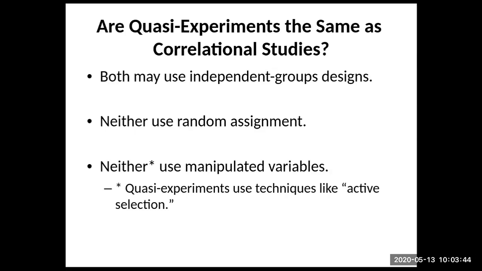Although they may not be truly manipulated variables, meaning that you can't randomly assign into one group or the other, we are doing our best job as researchers in trying to match or get as close to an equivalent group as possible, even though you can't truly do that in a quasi-experimental design.